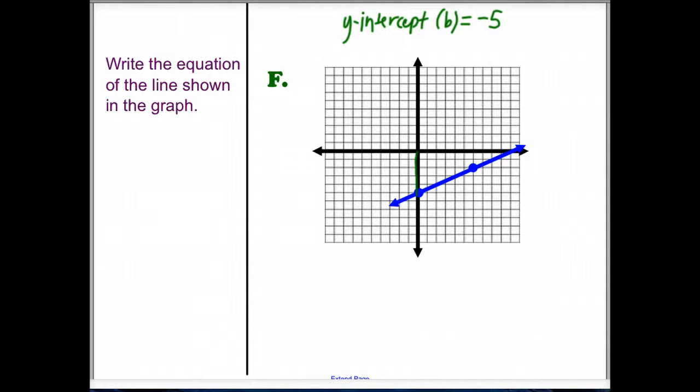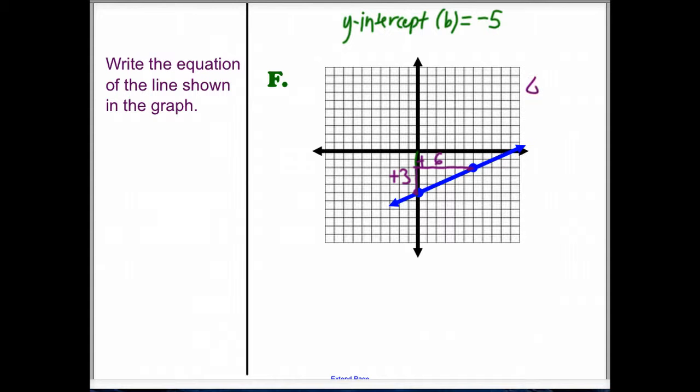Now we want to find the slope, and what we do for that is to figure out how we get from this point here over to this point. We go up 1, 2, 3, so +3, and we go to the right 1, 2, 3, 4, 5, 6. So we go up 3 and over 6.